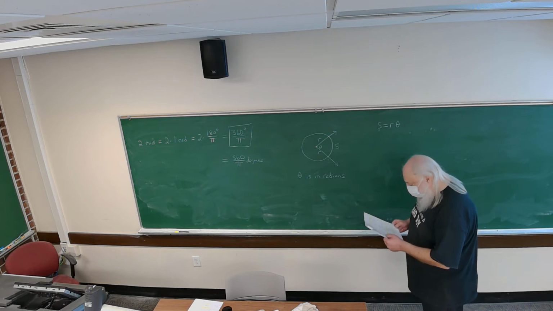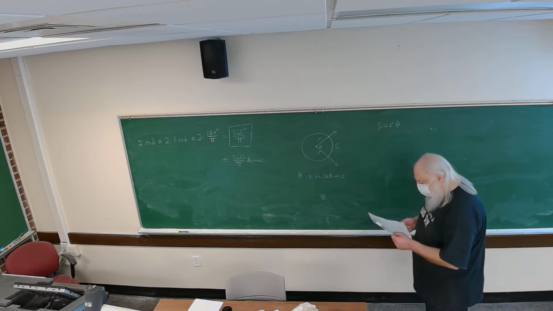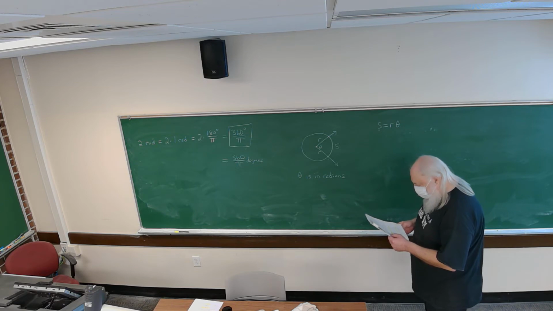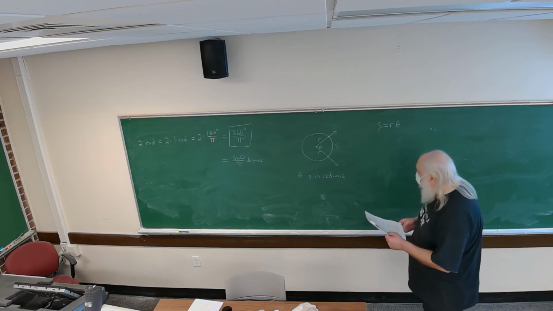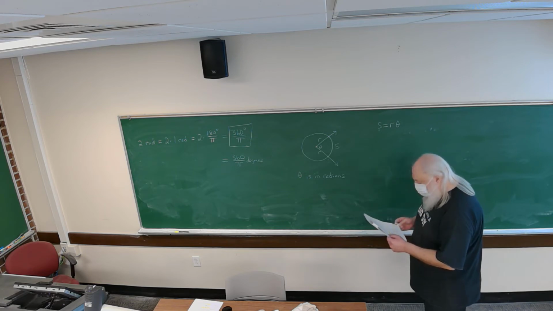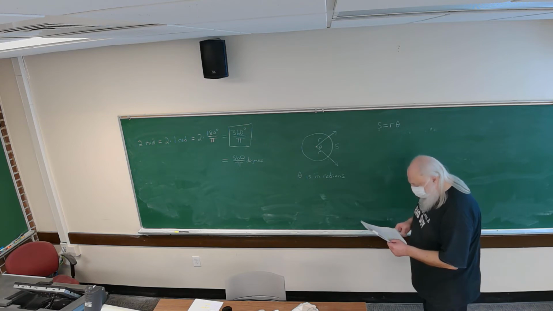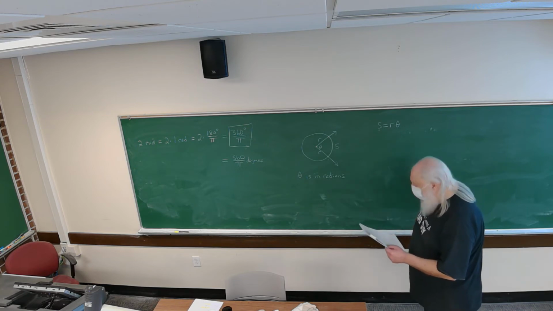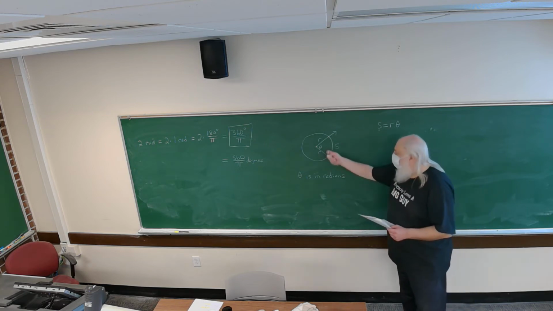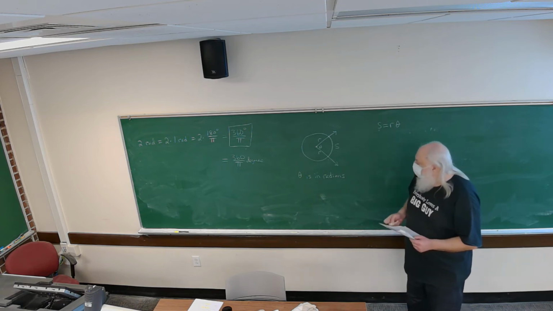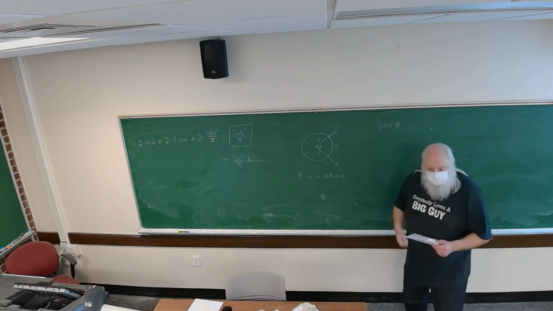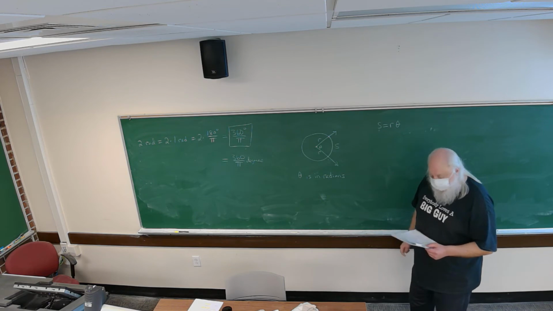So in example 6, you're given the radius of the circle is 5 centimeters, and the length of the arc is 3 centimeters. Find the measure of the central angle theta in degrees and radians. So first we're going to find the value of theta in radians and then convert that answer to degrees.